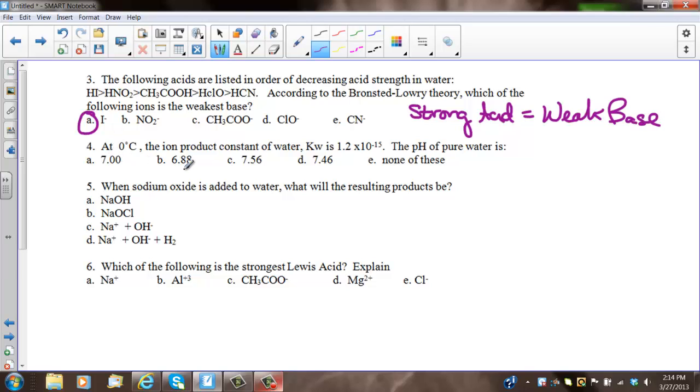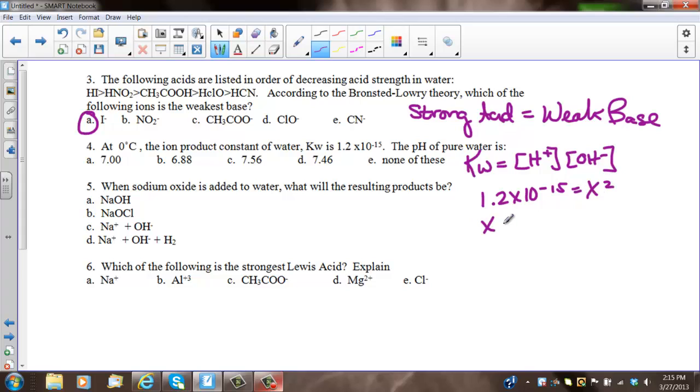At 0 degrees, the ion product constant of water, Kw, is 1.2 times 10 to the negative 15th, so the pH is what? So you know that Kw is equal to H plus times OH minus. Therefore, 1.2 times 10 to the negative 15th is equal to x squared.